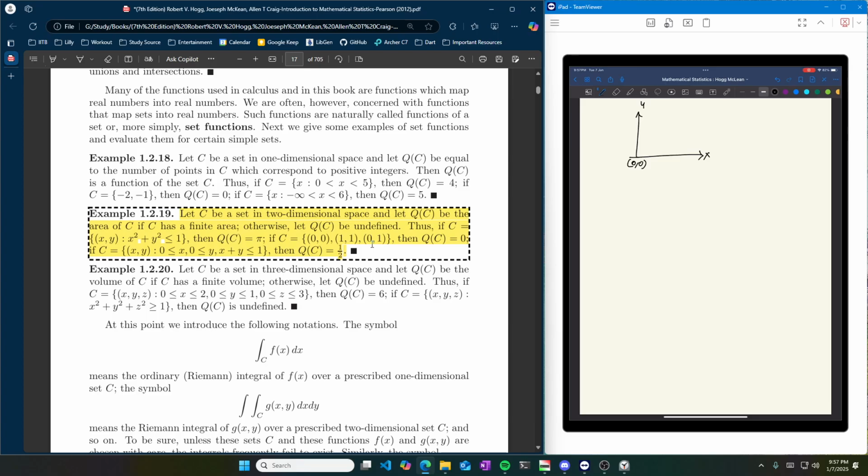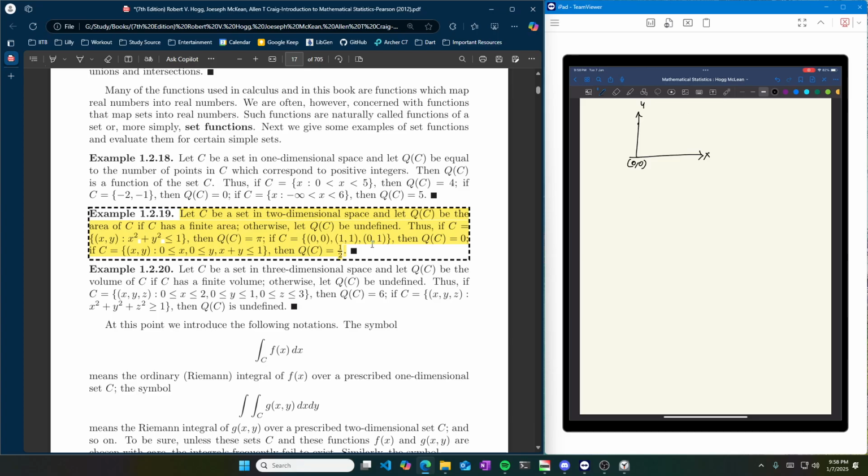Then x greater than 0. So we only consider this portion for x greater than 0. For y greater than 0, we only consider this portion, which was on the right side of this. Correct? Okay, and then x plus y less than 1.